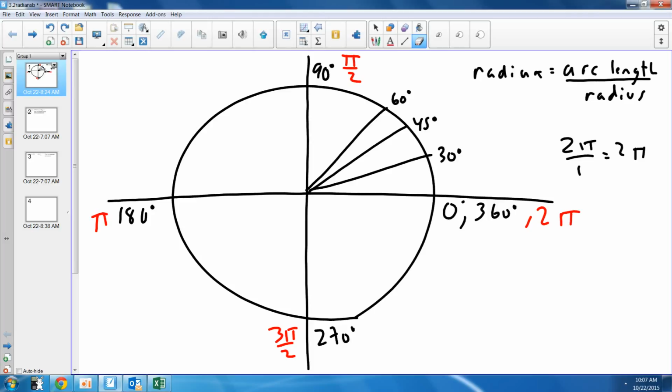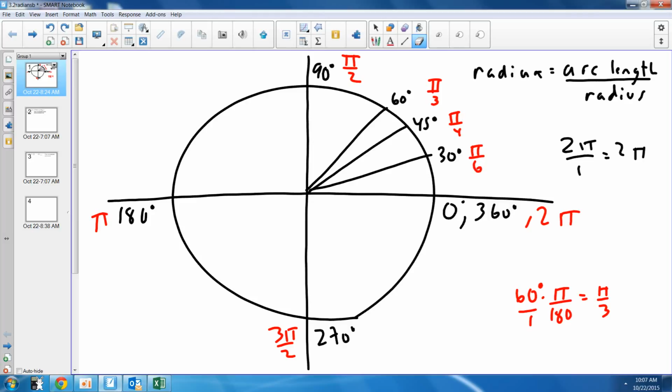So if I took, for example, 60 degrees down here, and I wanted to convert that to radians, I would do pi over 180, and I would see that that's equal to pi over 3. So 60 degrees is pi over 3. Similarly, you have pi over 4 and pi over 6. Those are your radian reference angles that you can use in drawing in any angle.